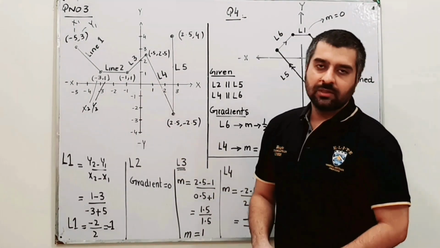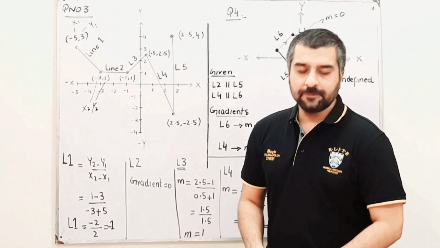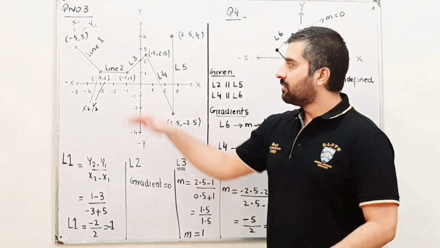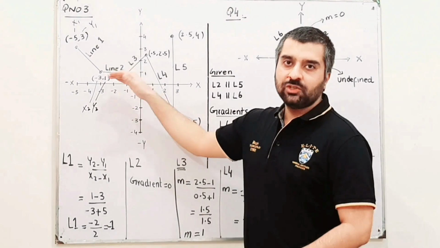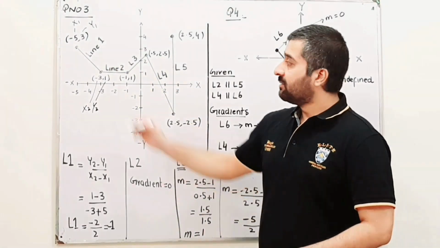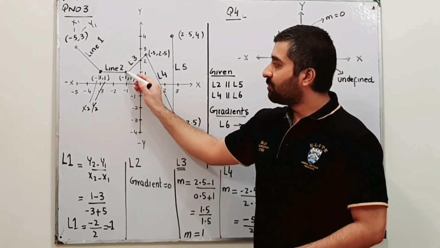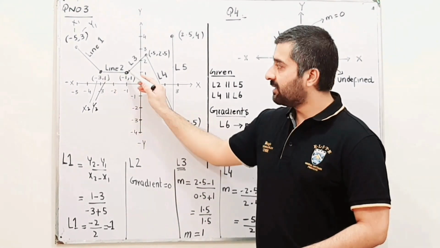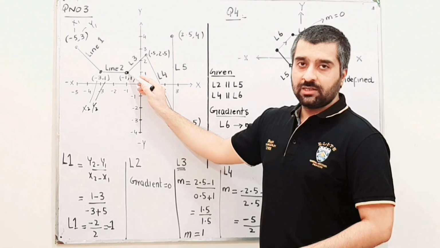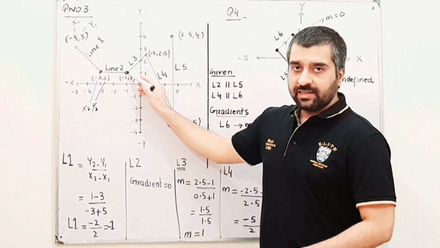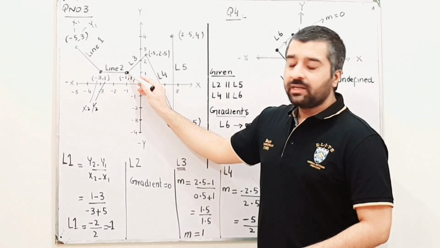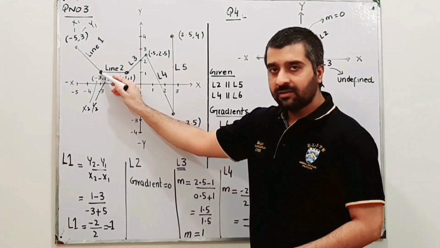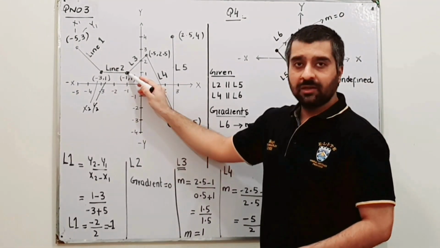Line 2 is a horizontal line and there is no change in the value of y from this point till this point. If you are taking these 2 points, this one and this one on line 2, then you will find that y is the same here as well as at this point.